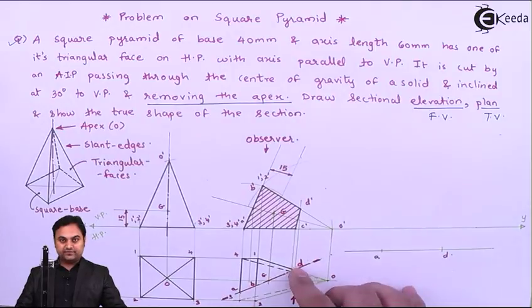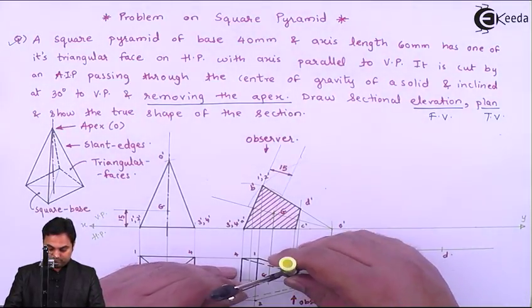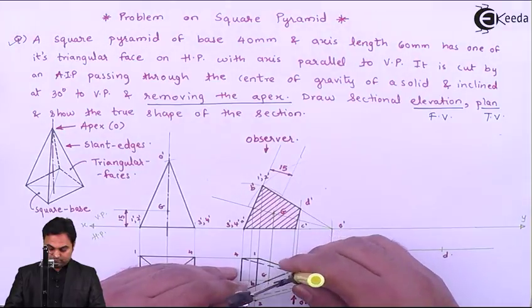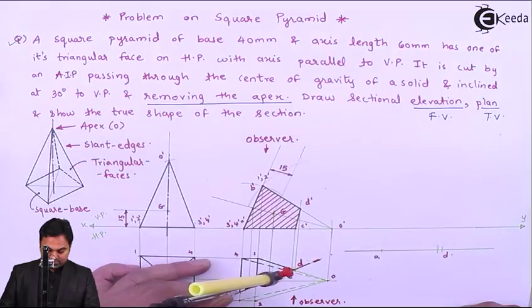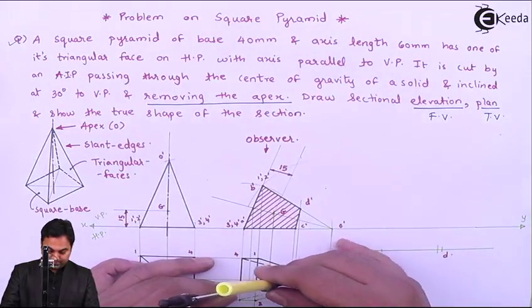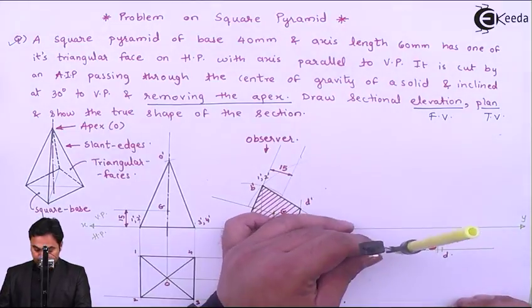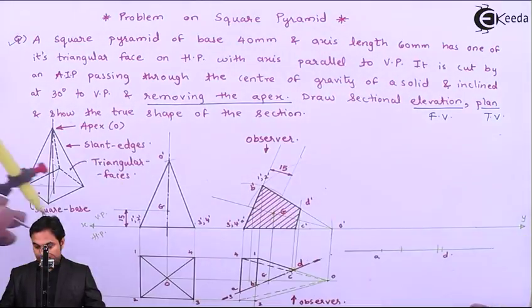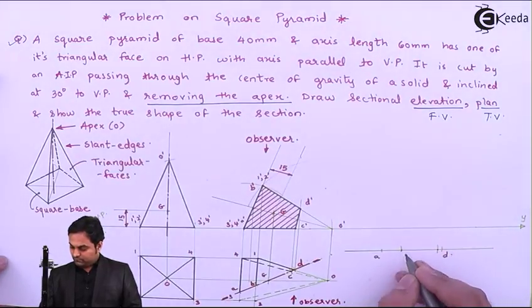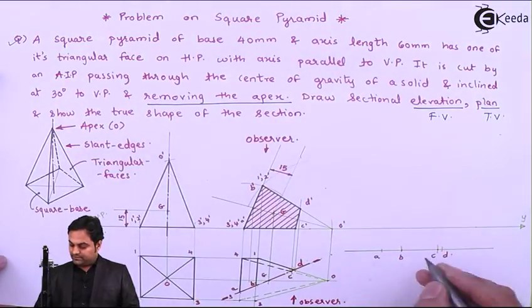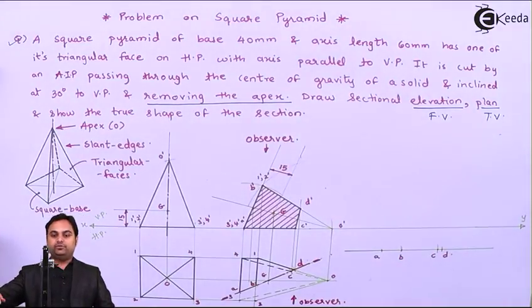So measuring the distance from A to C. And measuring the distance from A to B. Points B and C. Projecting the points one by one into the front view.